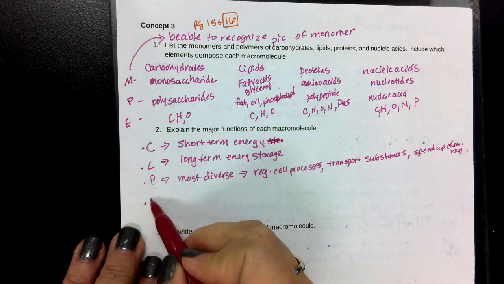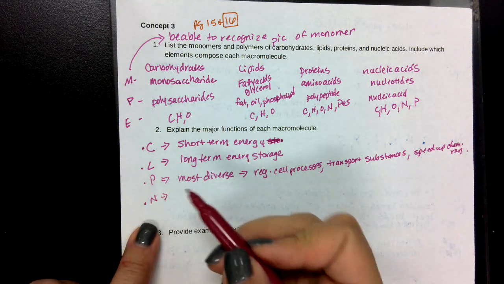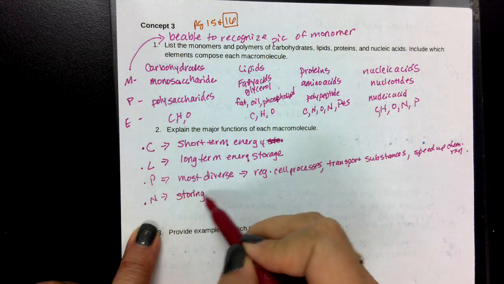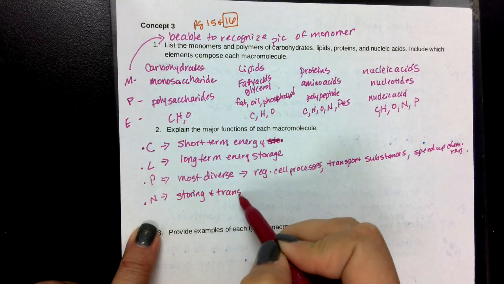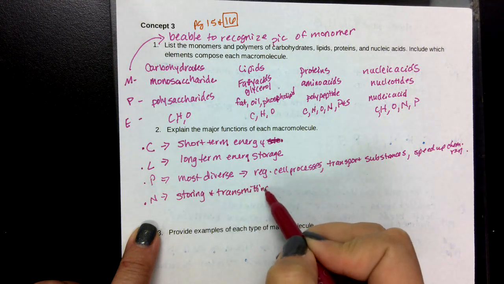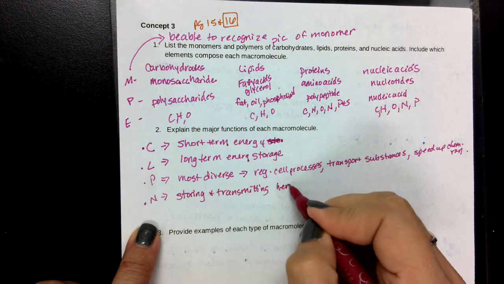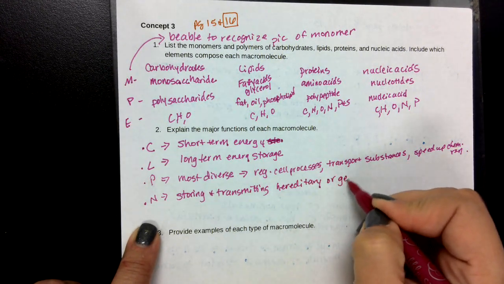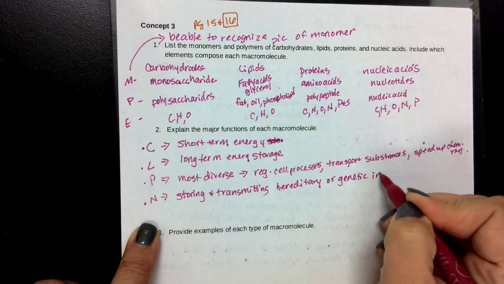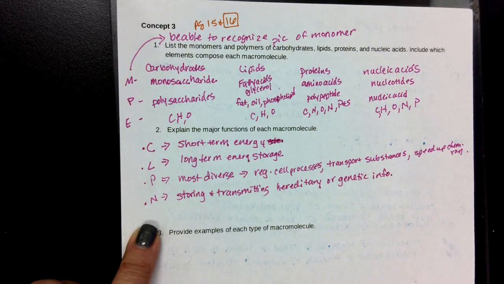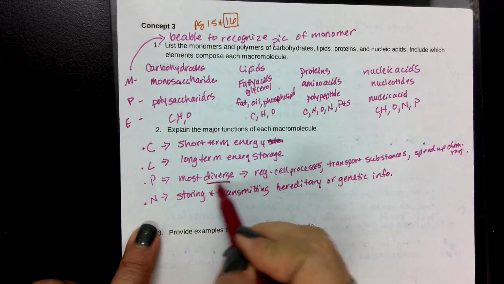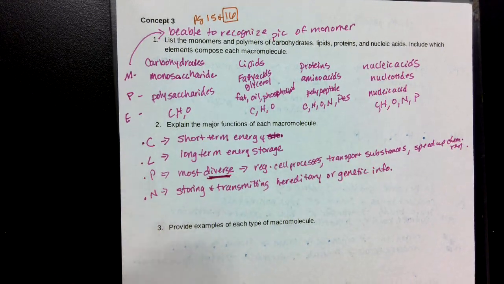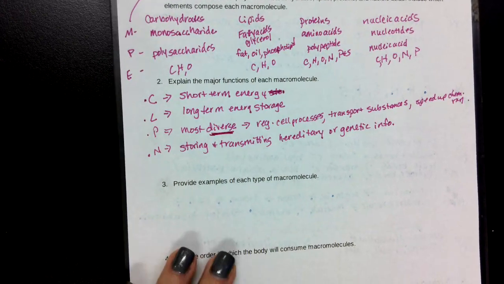And then your nucleic acids, they are never broken down, and they are for storing and transmitting what we call hereditary or genetic information. Very important, proteins are the most diverse, okay? So you may want to highlight or underline that.